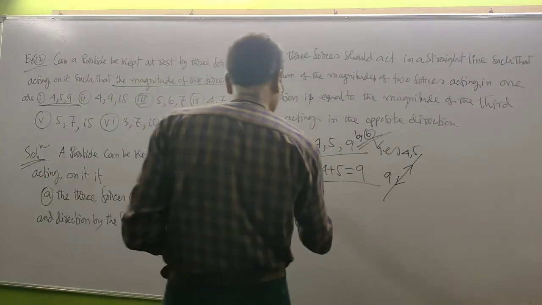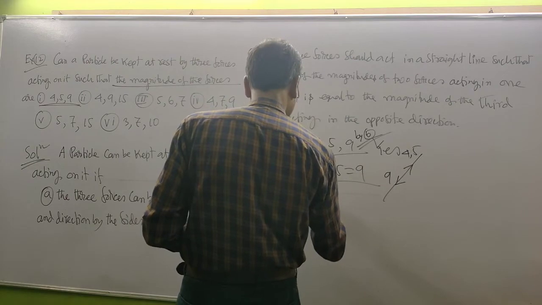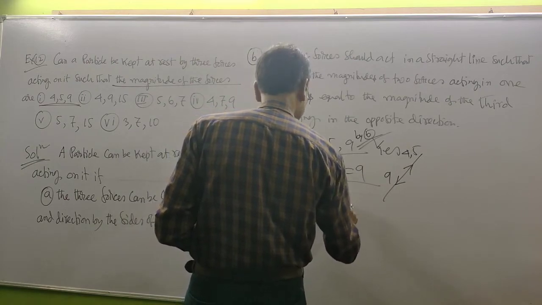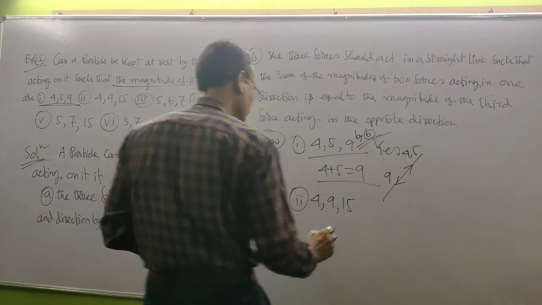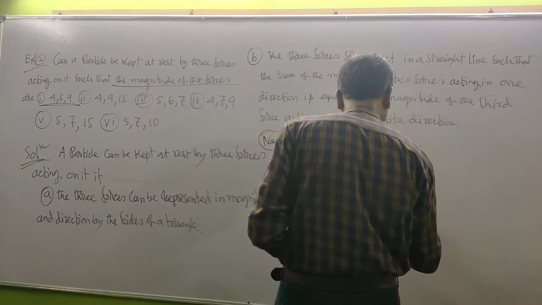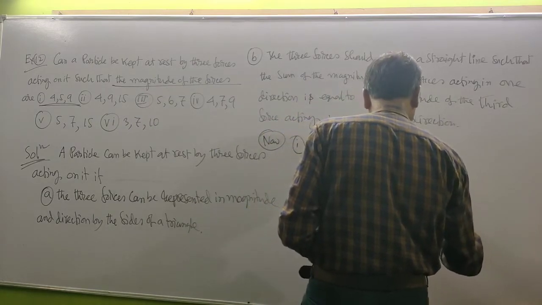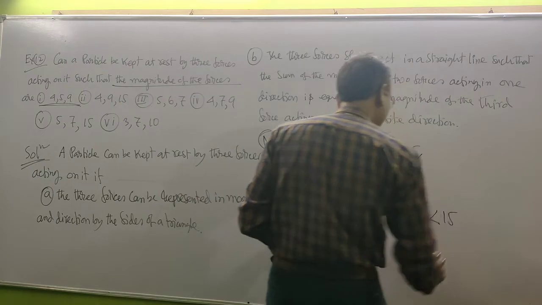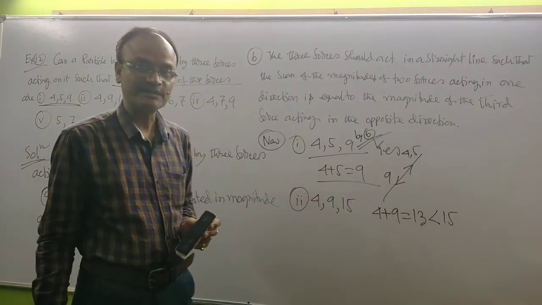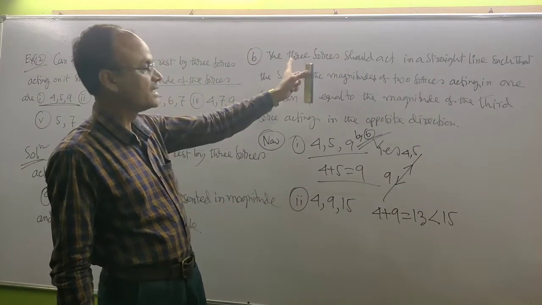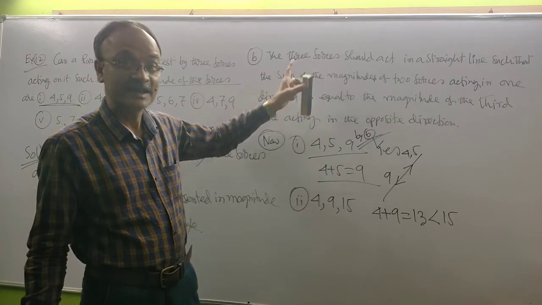Number 2: 4, 9, 15. 4 plus 9 is equal to 13, which is less than 15. Condition 2 cannot be applied.